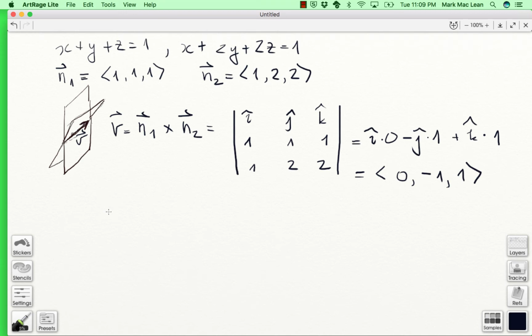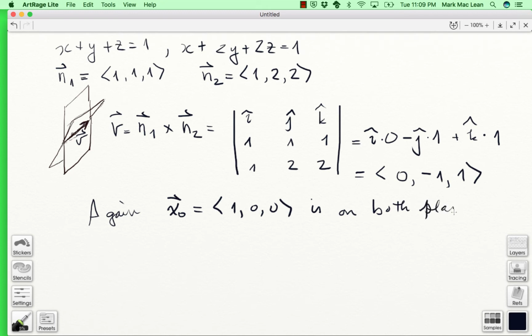And we also know then that x naught being 1, 0, 0 is on both planes. Same reason as before.